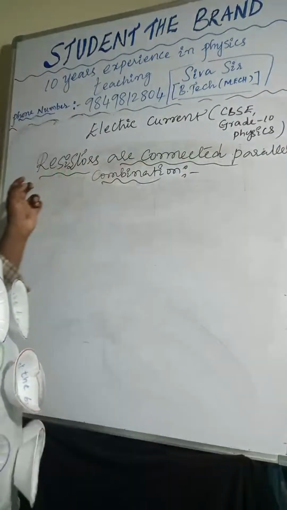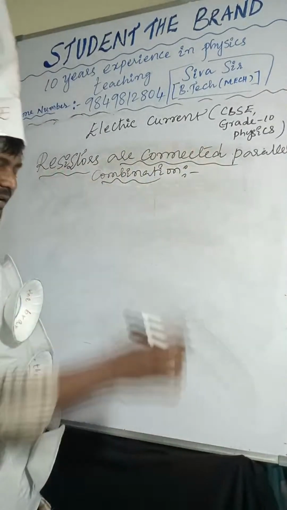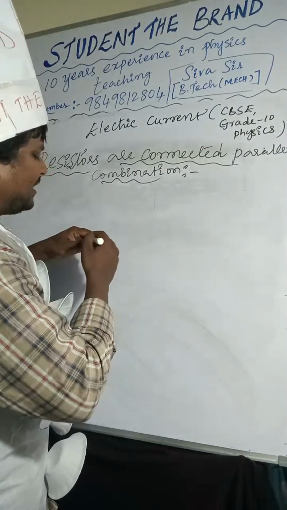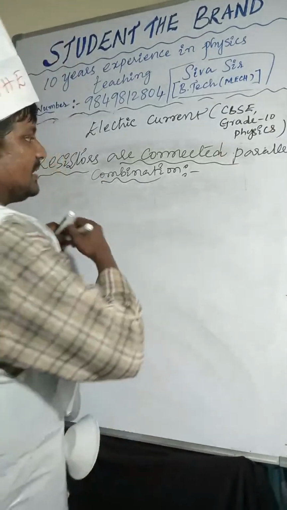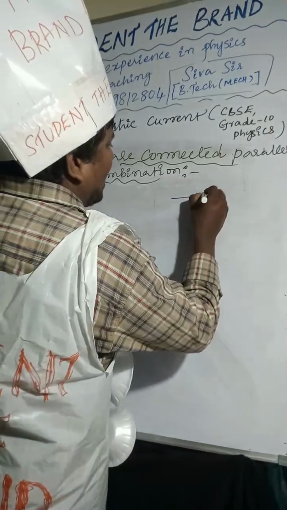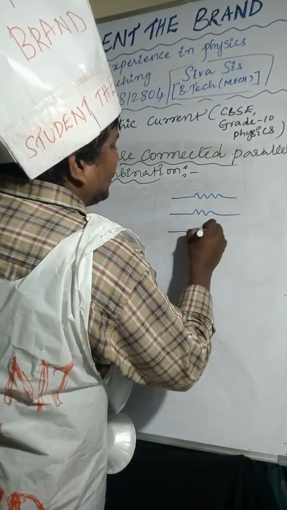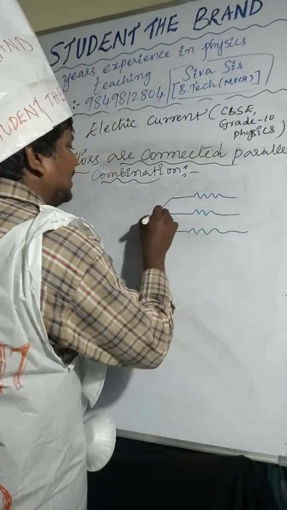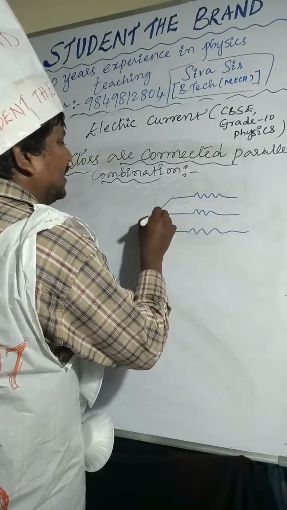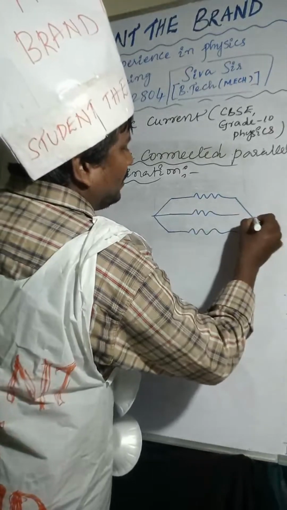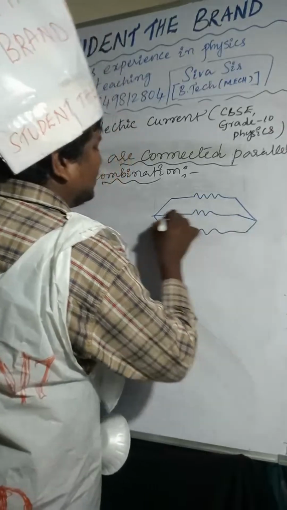We'll go to resistors connected in parallel combination. So I am taking three resistors, 1, 2 and 3. Here all the starting points you connect at one point, and all the ending points you connect to another point.